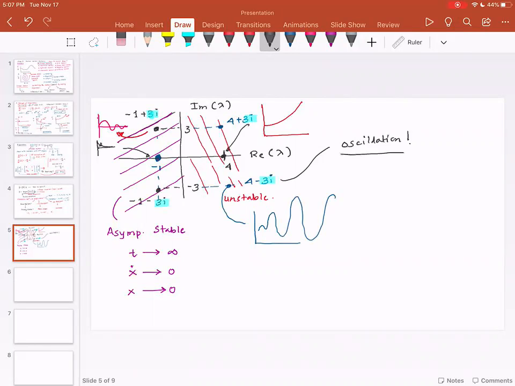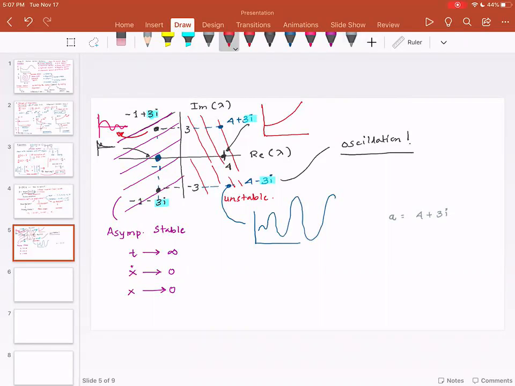Some of you may ask me, why is this oscillation present? So I just want to give you a simple example. Think about, in the scalar case, if your value A is 4 plus 3i.